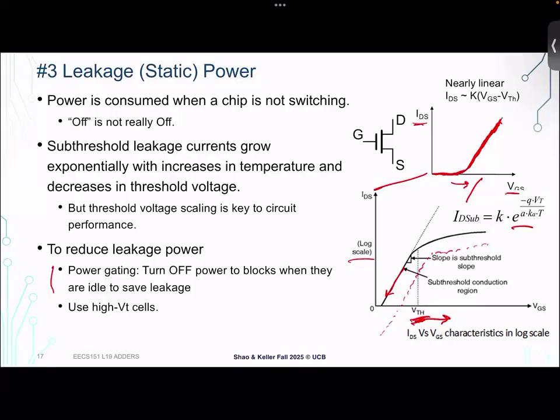So that helps our leakage if we set the voltage higher. But you also notice that when the transistor's on, the current is now less. So high VT devices reduce leakage power, but they also hurt the delay. They hurt the performance. And so this is yet another performance power trade-off.